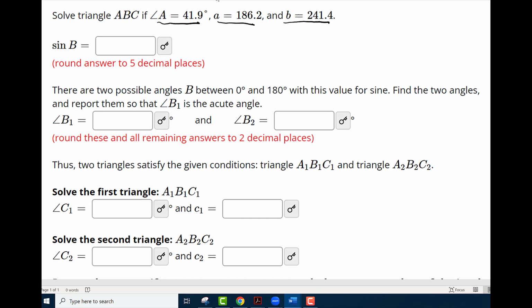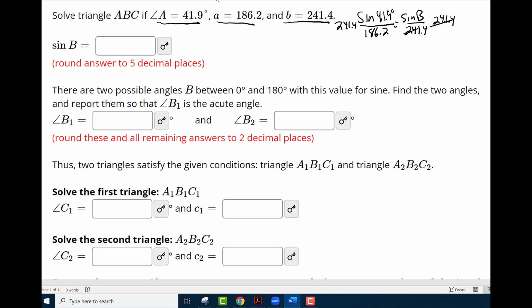So let me go through the start of this. So we'd have sine of 41.9 degrees over 186.2 equals sine of B over 241.4. I'm going to multiply, and let me get my calculator out here.